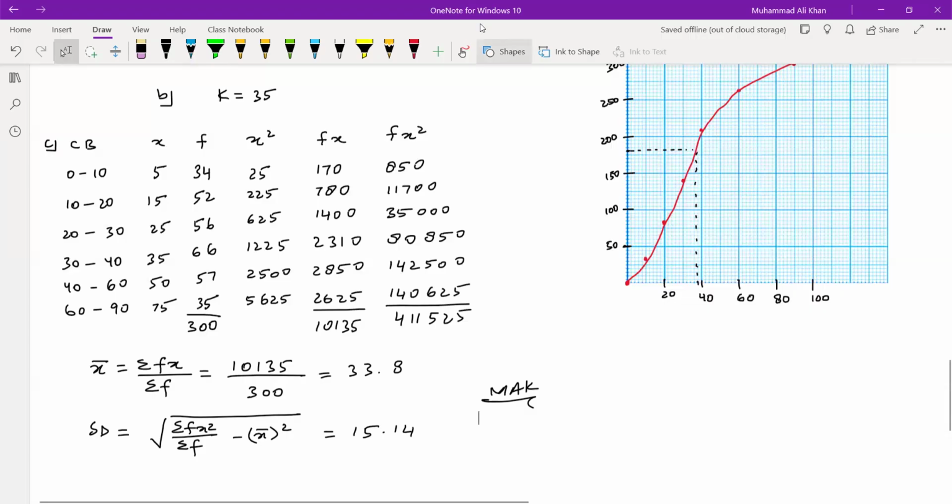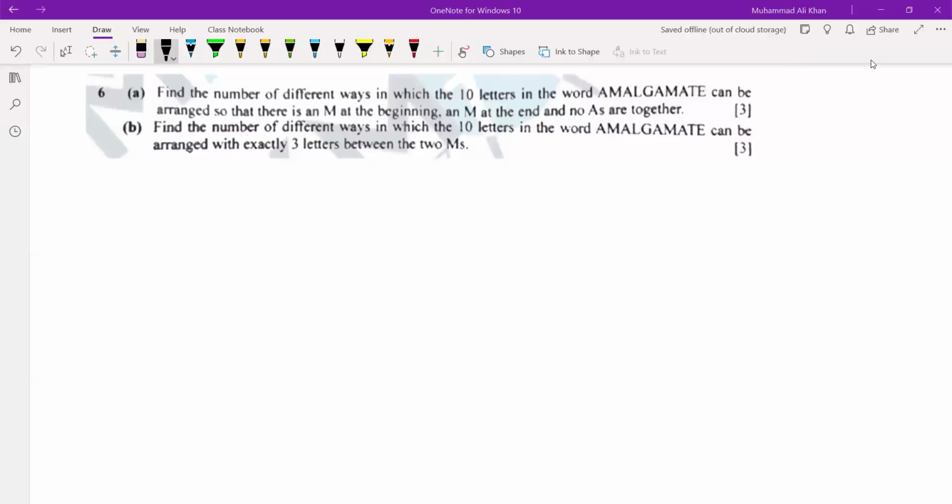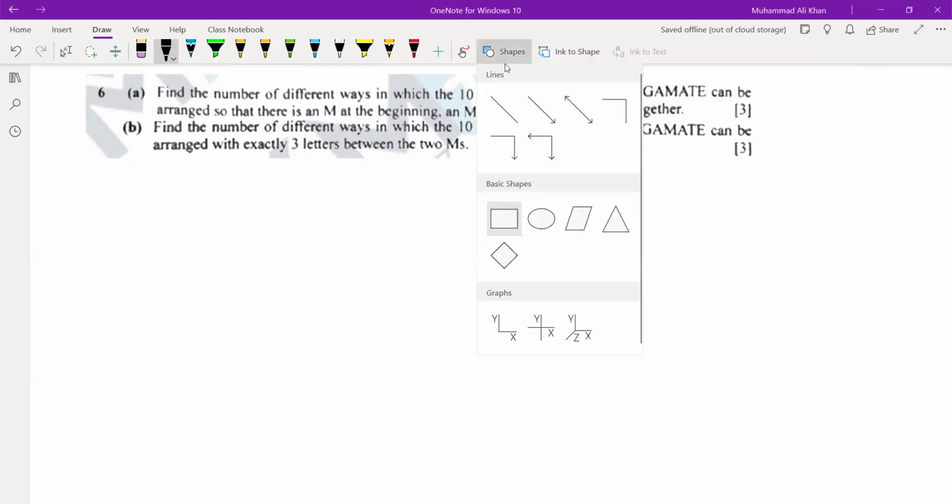Now, the next one. Now, question number 6, question of permutation combination. Find the number of different ways in which the 10 letters in the word amalgamate can be arranged so that there is an M at the beginning and M at the end and no A's are together.